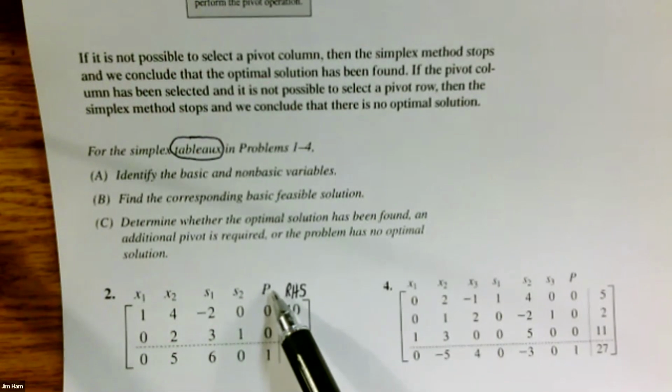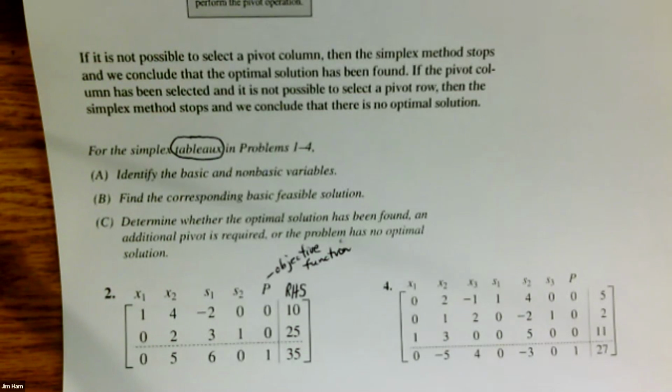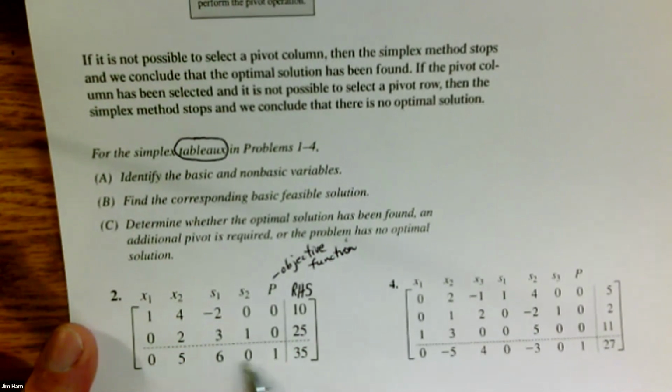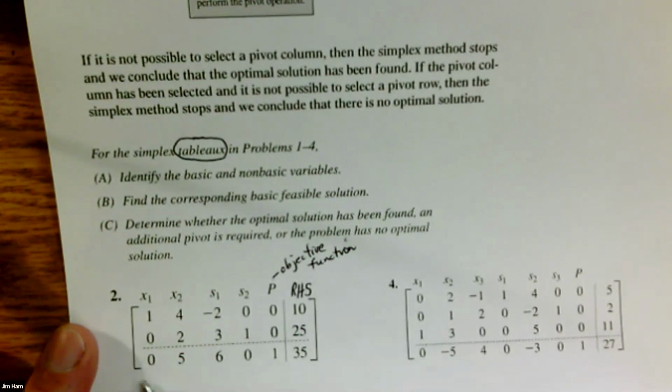Here's your objective. When we start a problem like this and take it through the simplex method, we continue to work until we find the optimal solution. The optimal solution in this case is the maximum, because we're doing only maximum problems today. The maximum solution will be found when you see in the bottom row that there are no negatives.